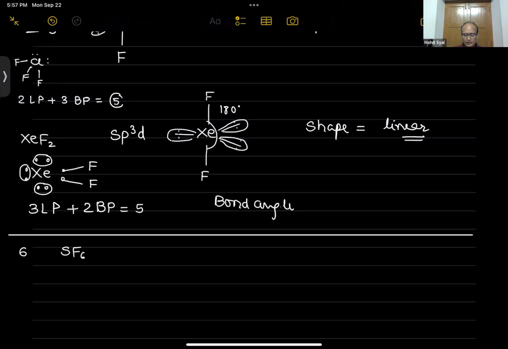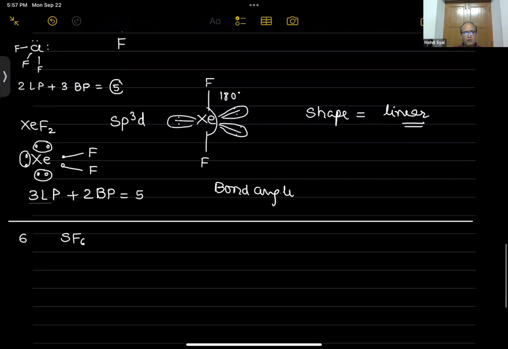Sulfur has 6 valence electrons and all 6 of them are participating in bond formation. Because all 6 are participating in bond formation, there is no lone pair. What is going to be the hybridization? We need to take 6 orbitals.